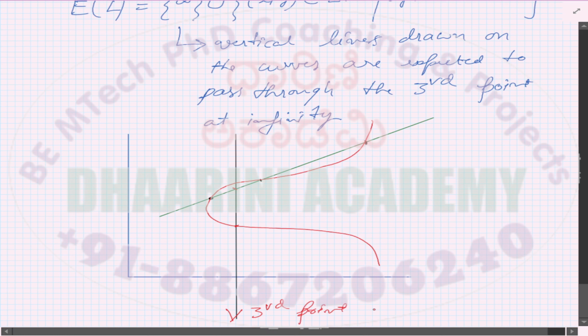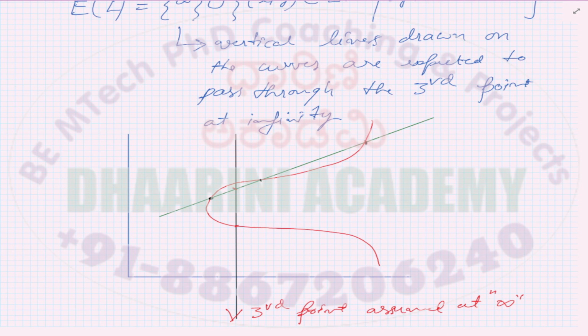So the third point is assumed at infinity. Now in mathematics we cannot assume things like this. I cannot simply say that there is a point at infinity. This should be validated. I will validate that maybe in the next class. Though we assume that there is a point at infinity, this actually is true. We assume initially that the third point is present at infinity.